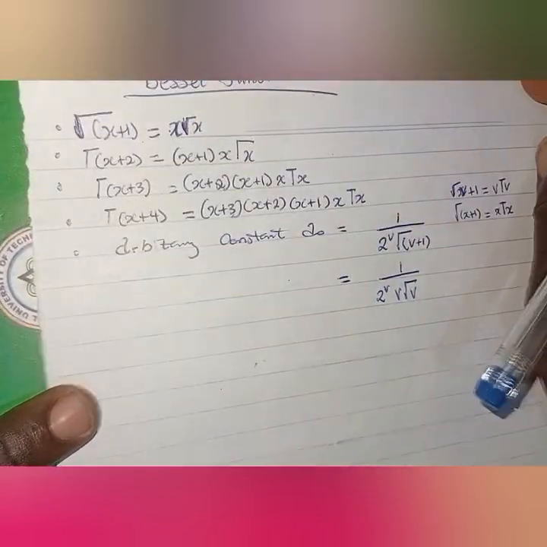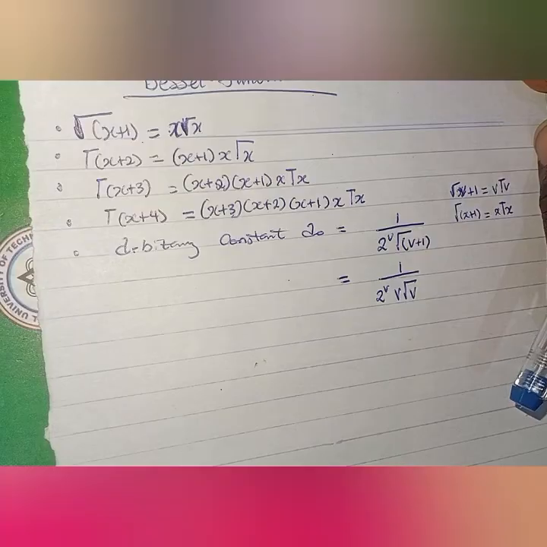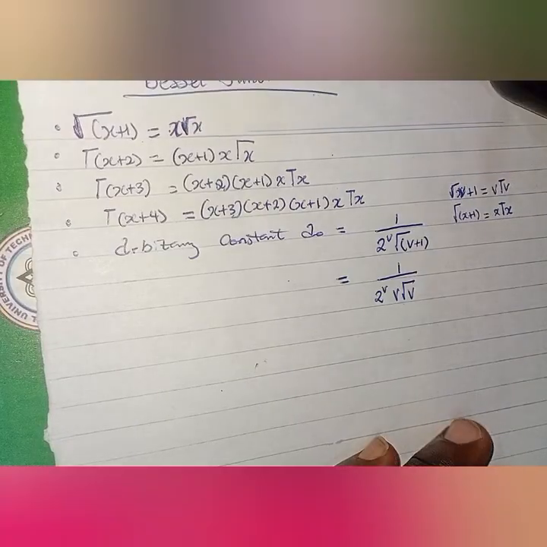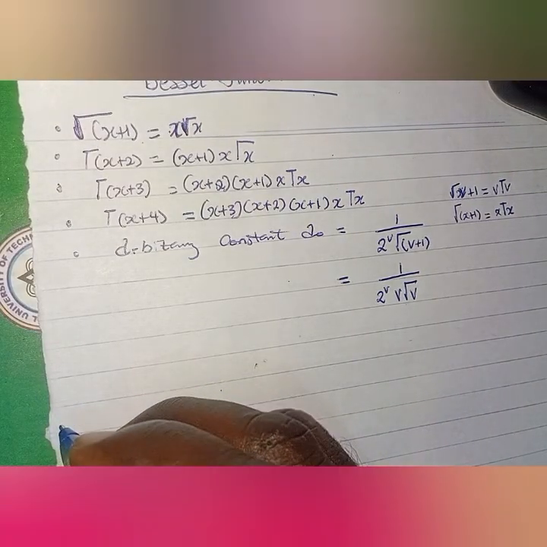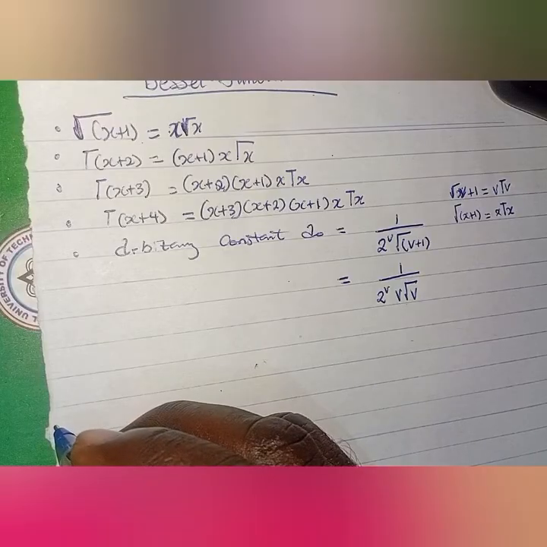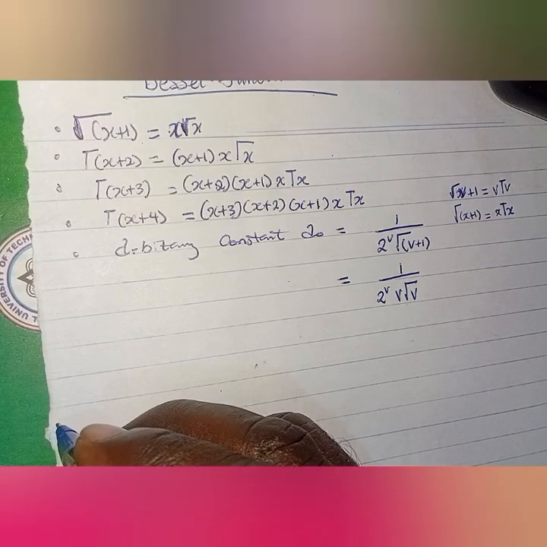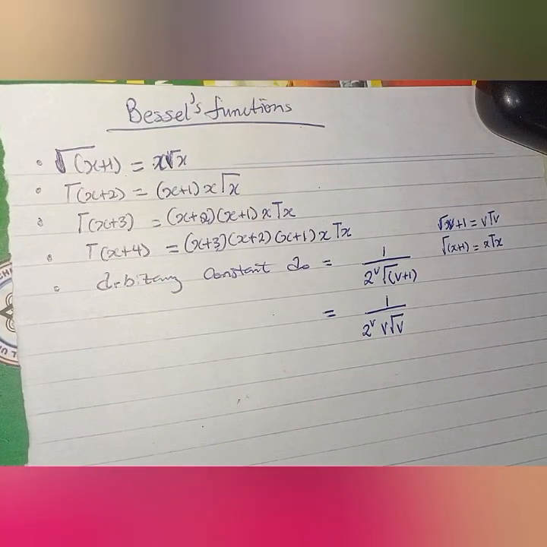Now, like I said, Bessel function is a continuation of Bessel equation. Now we are going to use those values that we obtained for a naught, a2, a4, and a6 from Bessel equation. We're going to turn all those into Bessel function.